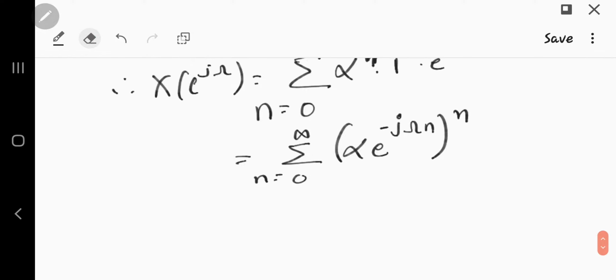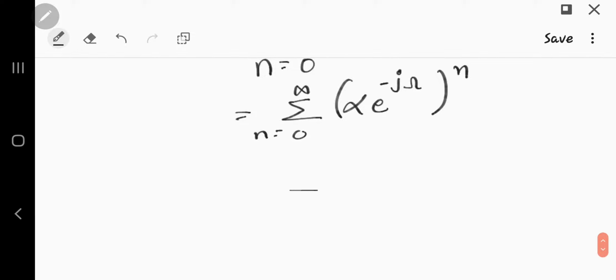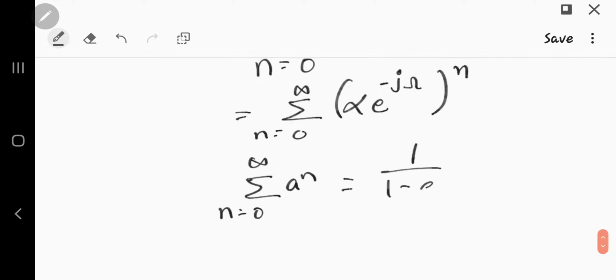From the geometric series we have summation n equals 0 to infinity a to the power of n is equal to 1 divided by 1 minus a, where a is not equal to 1 here.